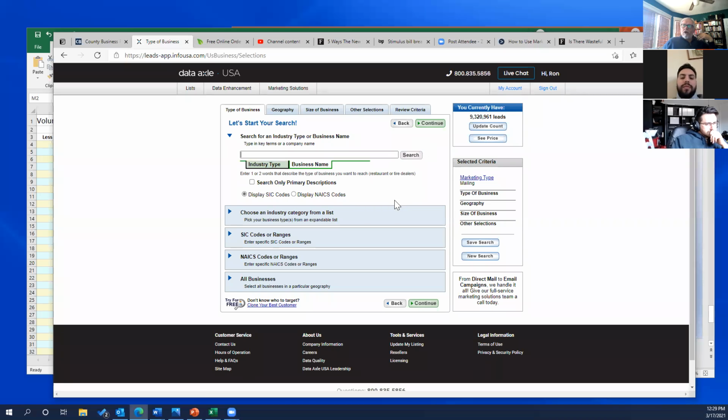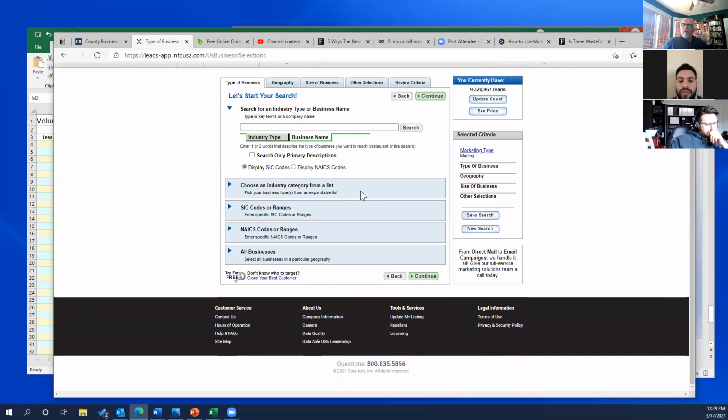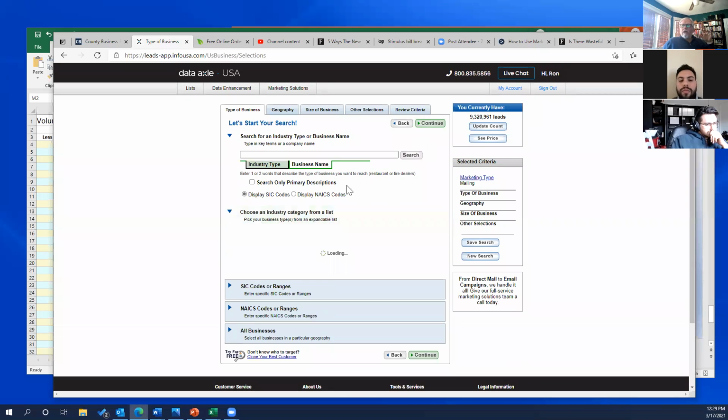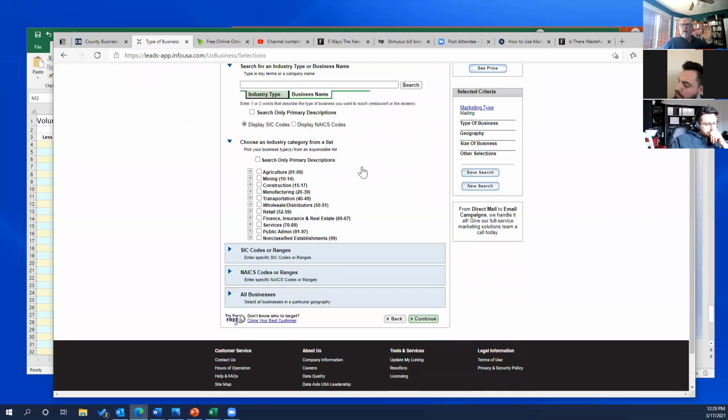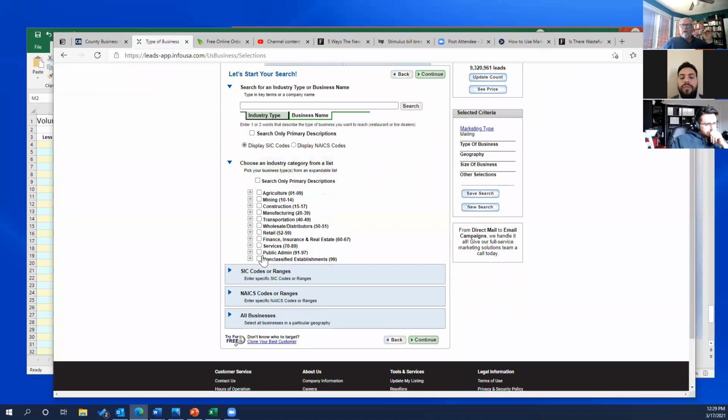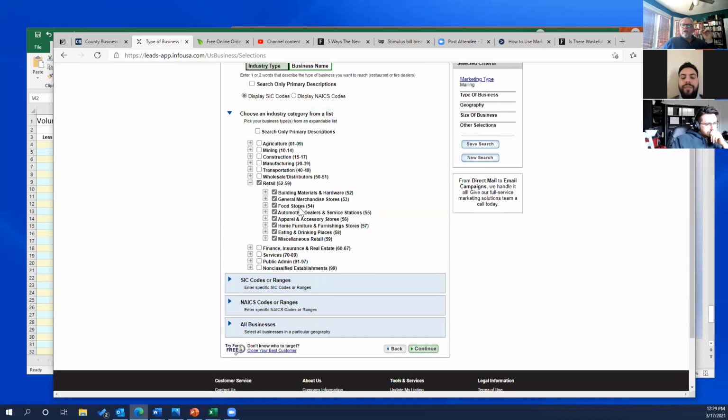And then you take all that criteria and then you can update the count. So when you go through, you start selecting these things. And on each one of these, you just select, and then you can drill in a little bit and take a look at some of these general things like we just mentioned.